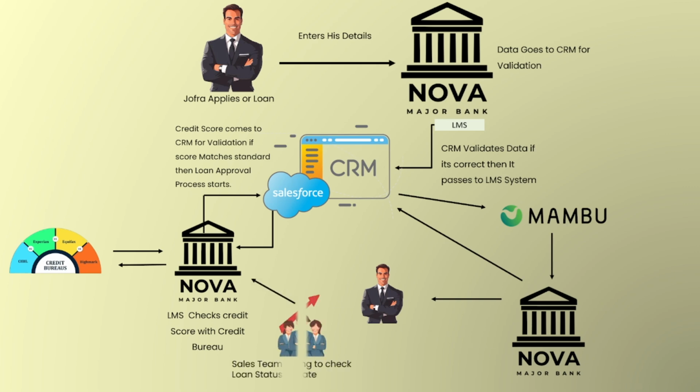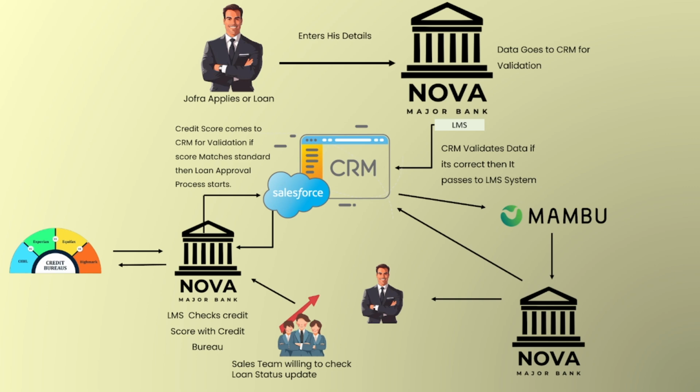So let us assume that apart from Jofra, there is another end user, like the sales team, willing to check the loan status update. They want to know what is going on, how much amount is disbursed. The sales team of Noah Major Bank will not go to CRM, they don't even know what CRM is. They don't go to Mambu as well. What they have is the web page of Noah Major Bank, so they will ask Noah Major Bank.